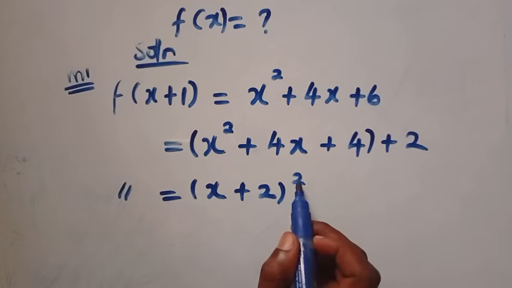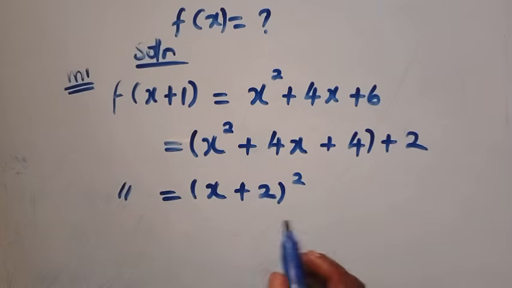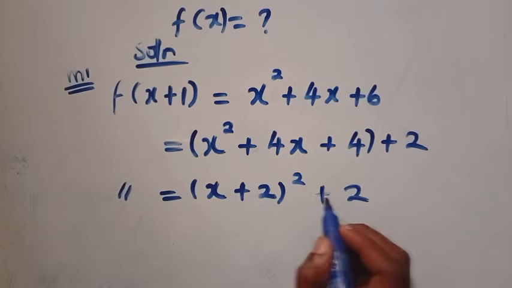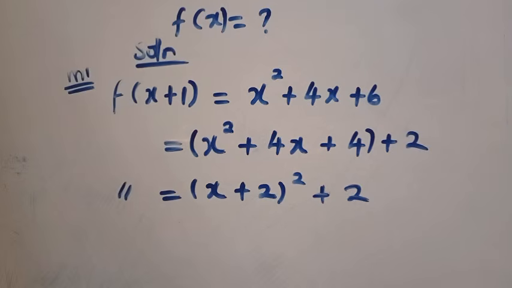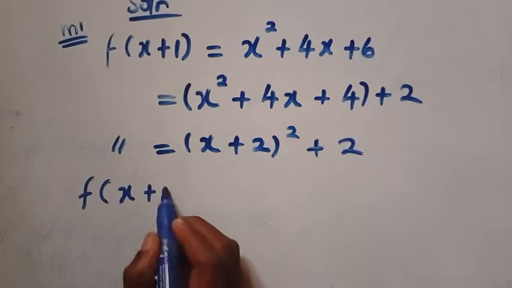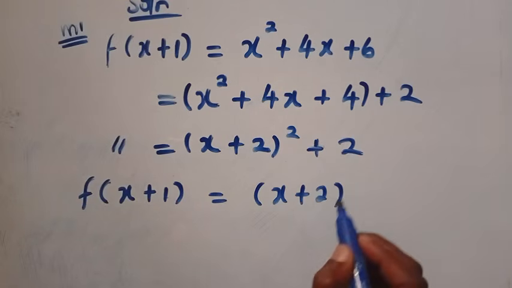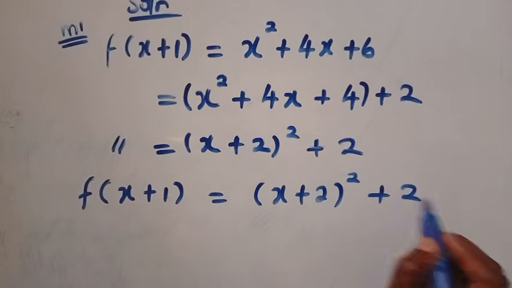Expanding x plus 2 raised to power 2, we get x squared plus 4x plus 4. Then here is plus 2 outside the bracket. Now we have f of x plus 1 equals x plus 2 raised to power 2, then plus 2.